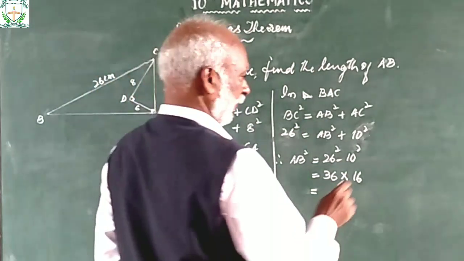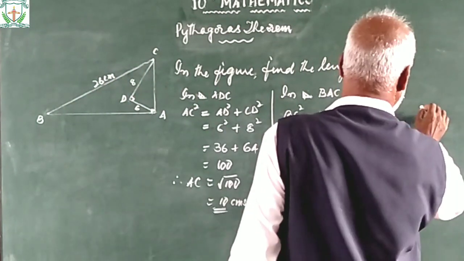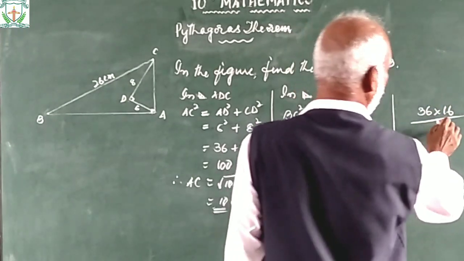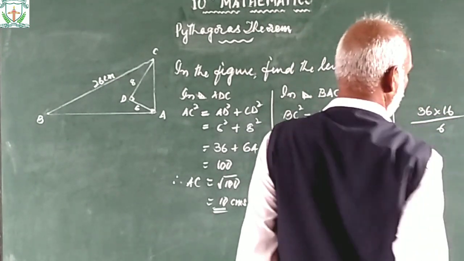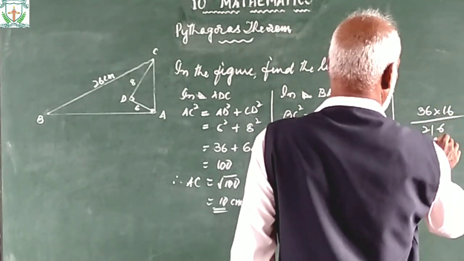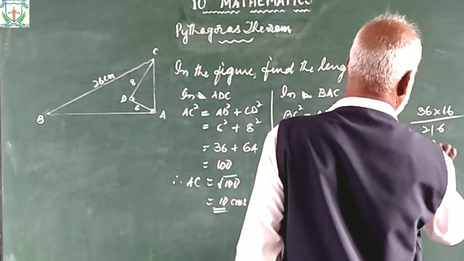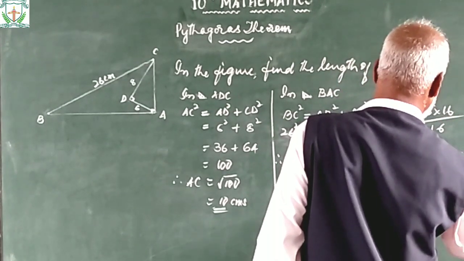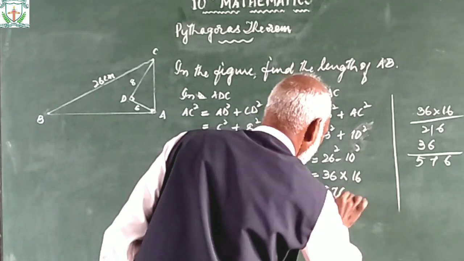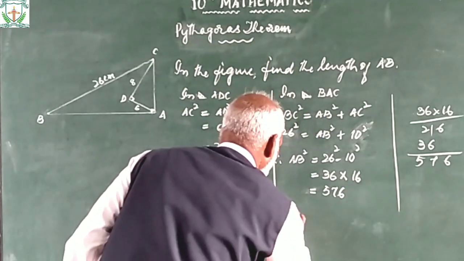Just do it. 36 into 16. 6 6s are 36. 3 is carried. 6 3s are 18 plus 3, 21. 576.